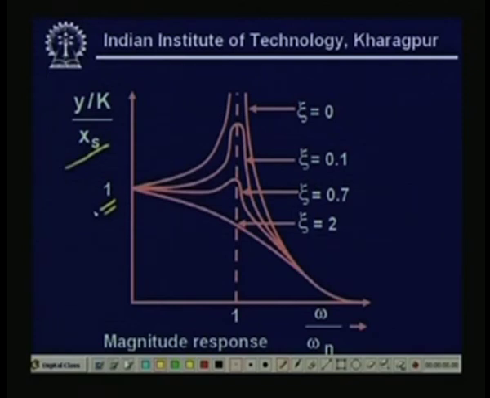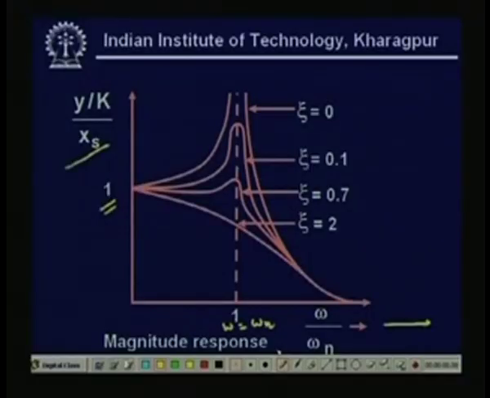That is the reason we have plotted omega by omega n on the x axis, and we have normalized the x axis also. Here is omega equal to omega n. Interestingly, when xi equals 0, that means the damping coefficient is 0, which is very impractical. You cannot make the damping coefficient 0. For academic interest, we should consider this.